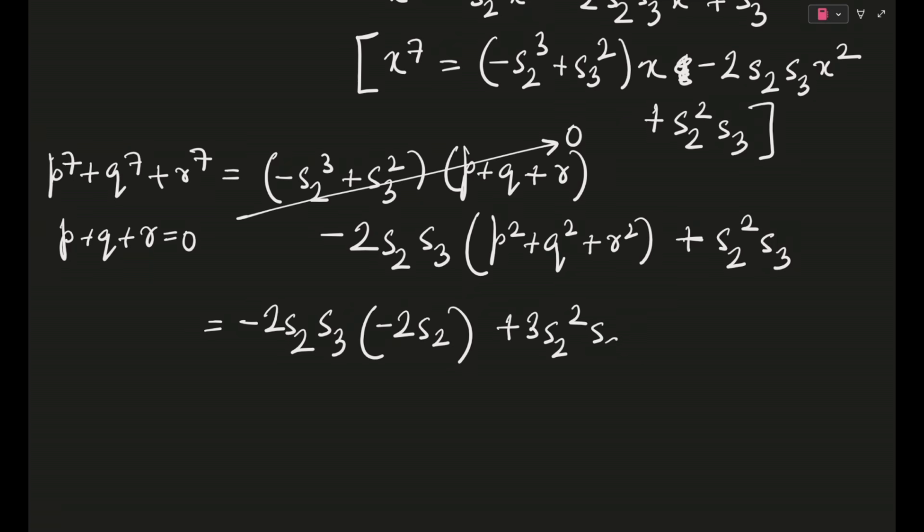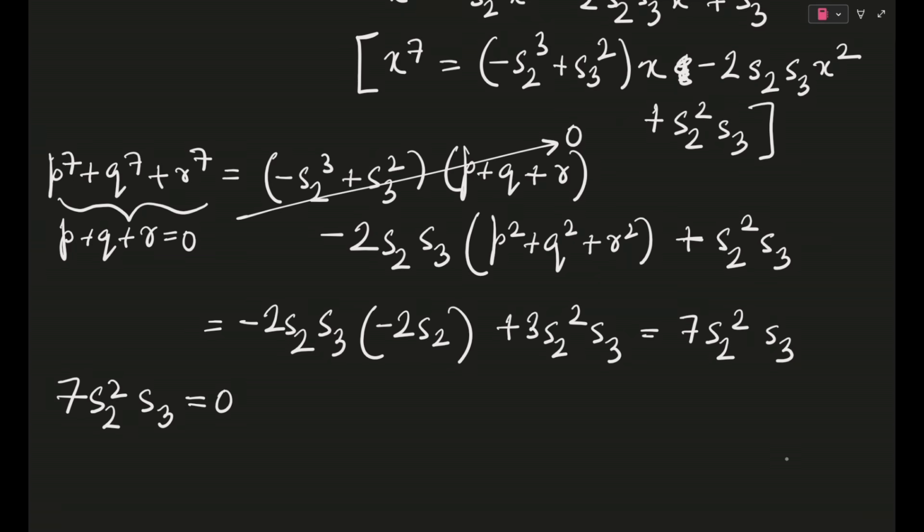So if you add up all of this stuff, this will come out to be 7 s2 square s3. So we already know that this particular thing is 0, right? So actually 7 s2 square s3 comes out to be equal to 0.